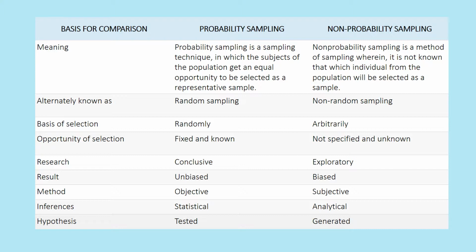When we look at inferencing, in probability sampling we're going to do statistical analysis, we are going to run tests, and the numerical outputs have meaning. With non-probability sampling, we run analytics.